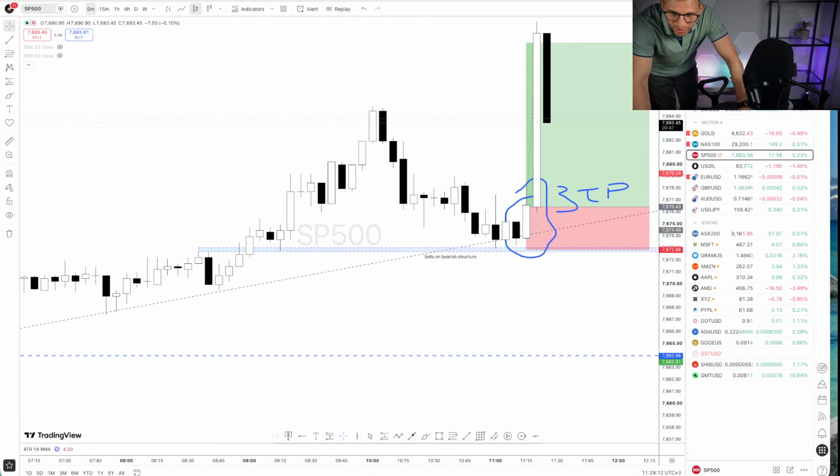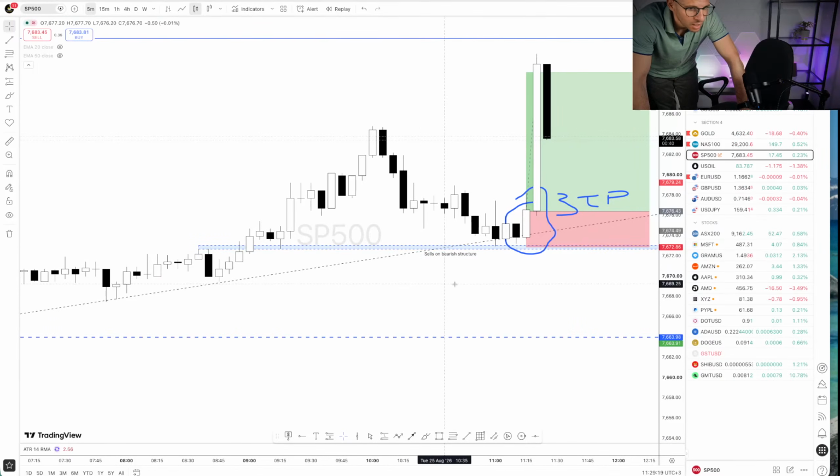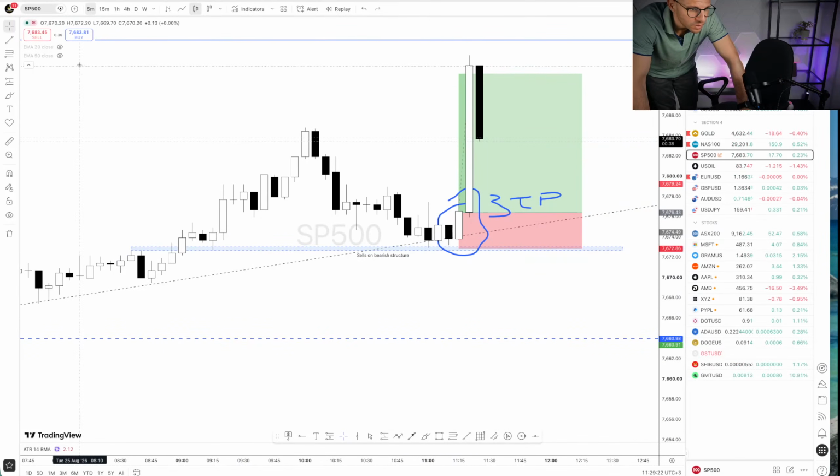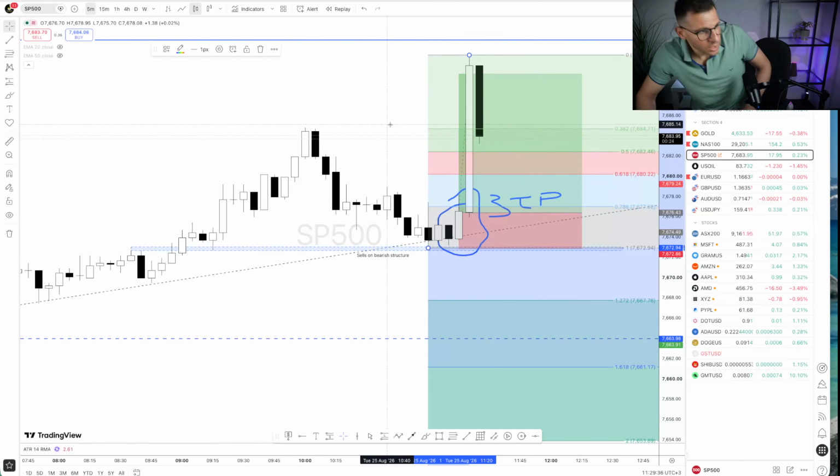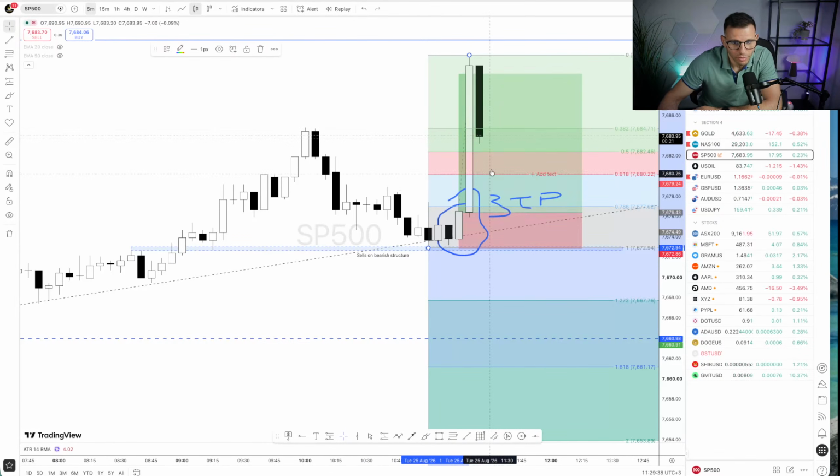So what do we have here? Usually these moves retrace around 50 to 60. So here is the thing now. If we don't see the follow through from the buyers here, we might hit down. But let's see what's going to happen at this point.